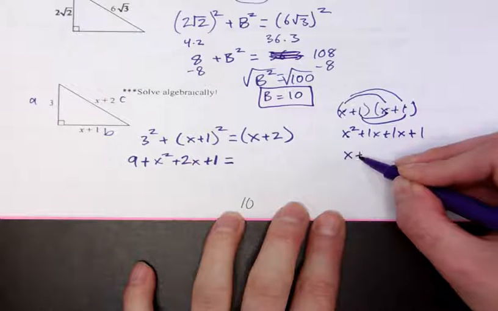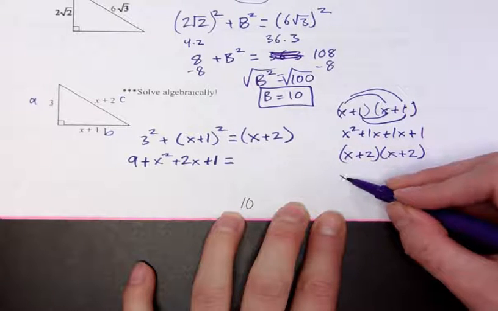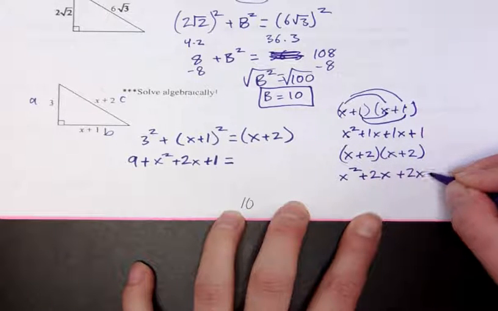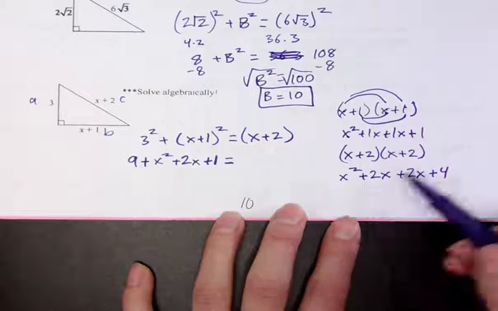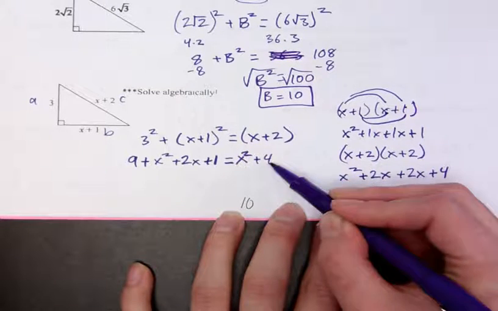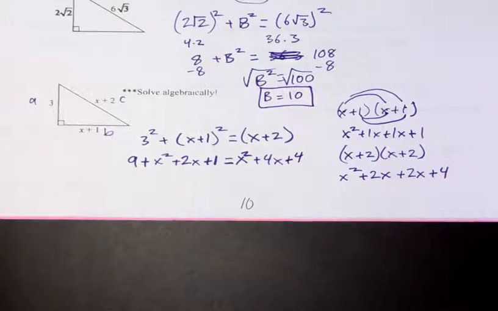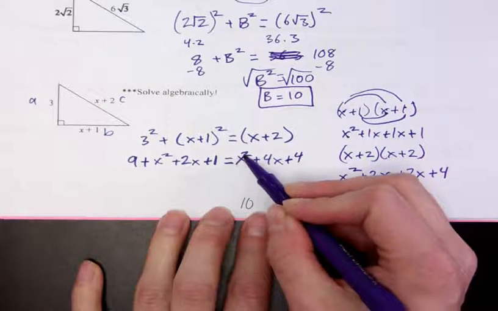Same thing when I have x plus 2. I get x squared plus 2x plus 2x plus 4. The really nice thing about this is the x squareds are going to cancel out.